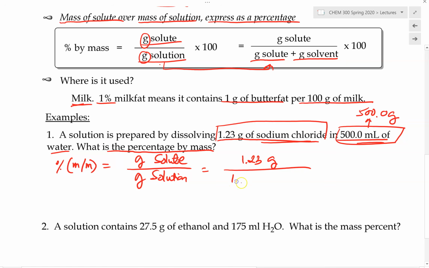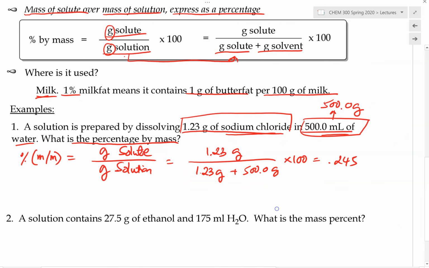So this is equal to 1.23 gram of sodium chloride plus 500.0 gram of water, in this case the solvent, and multiplied by 100. So this would then equal 0.245%.